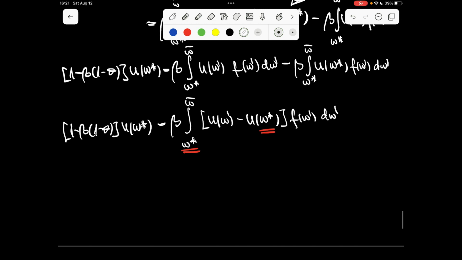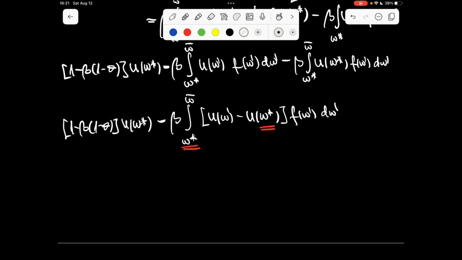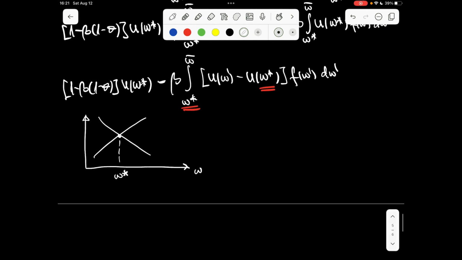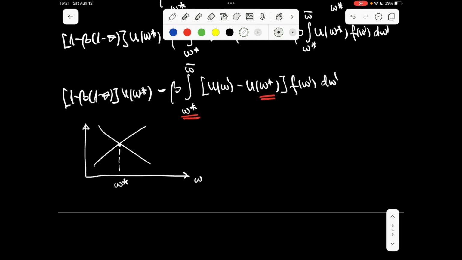To do so, we should note that this is a cross, the intersection of which leads to the reservation wage, because both sides are the functions of the wage.